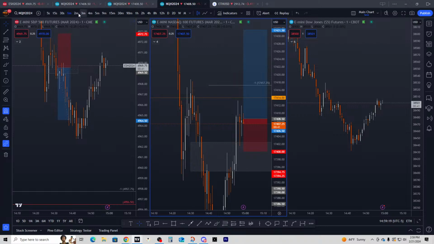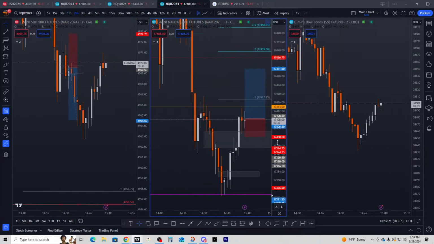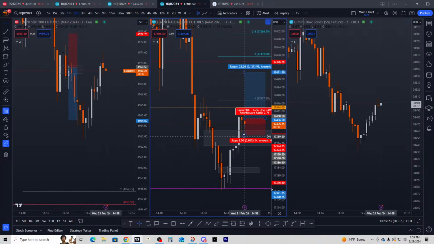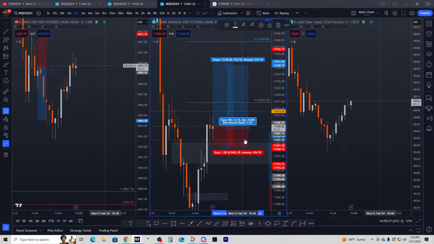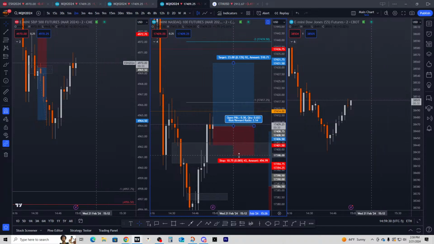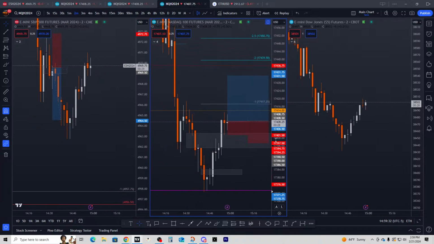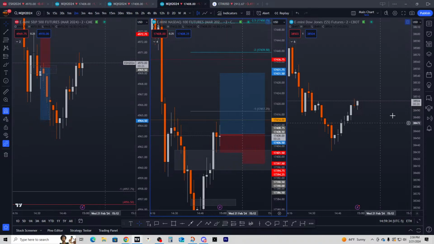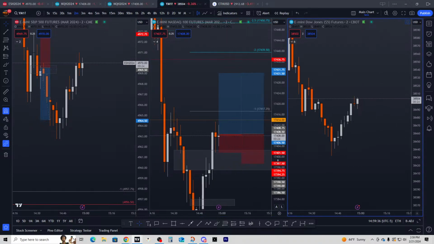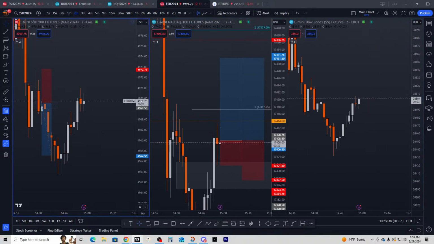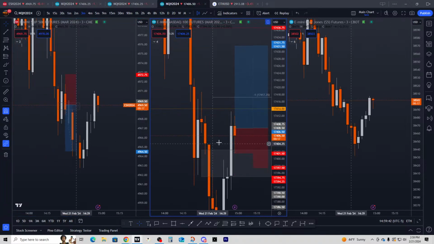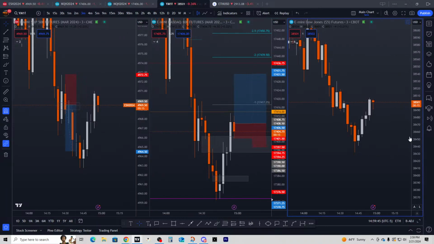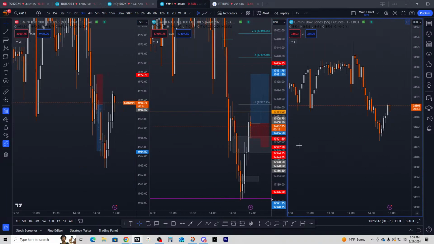So I just want to look here at the higher time frame. That 3-minute closeout inversion? Oh yeah, close both these inversions here. So I want to see if this wants to actually continue higher here or not.